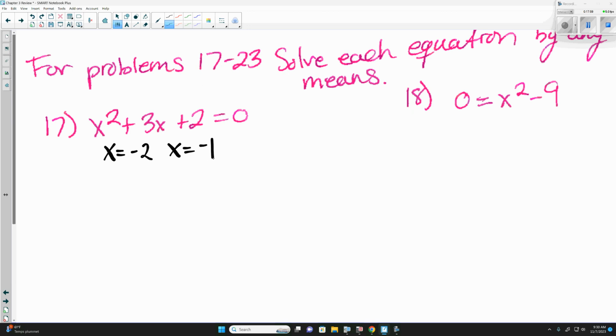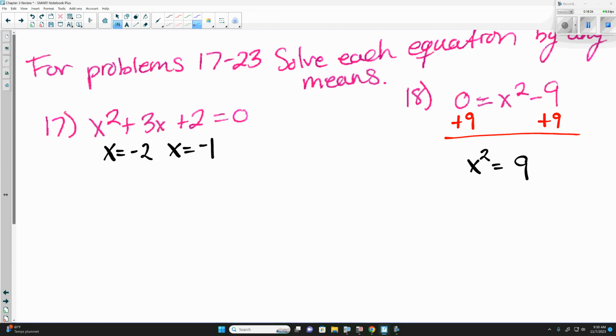X squared minus 9. I would do this by the square root method because we have no middle term. We have no x to the first. Square root method says we get the squared term by itself first. So we can add 9 to both sides, telling us that x squared is equal to 9.